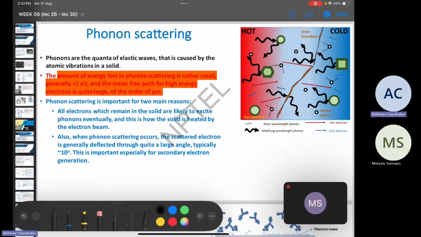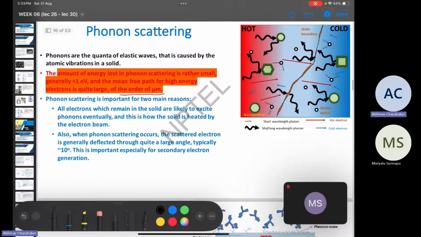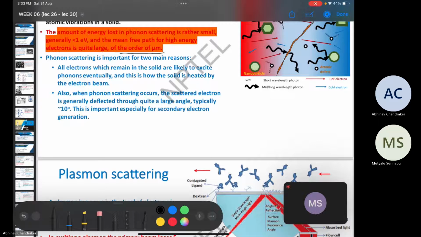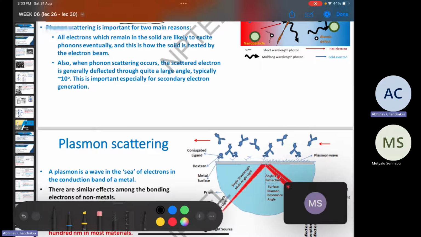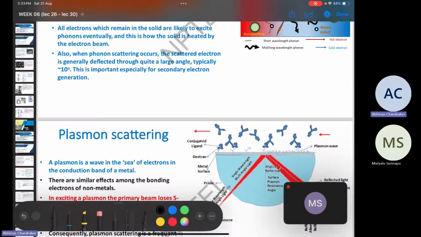Since the mean free path is of the order of microns, this kind of scattering is less common, and because of this, it is not of a lot of relevance for us. Additionally, it leads to deflection of the electron by a high angle, which can be around 10 degrees.